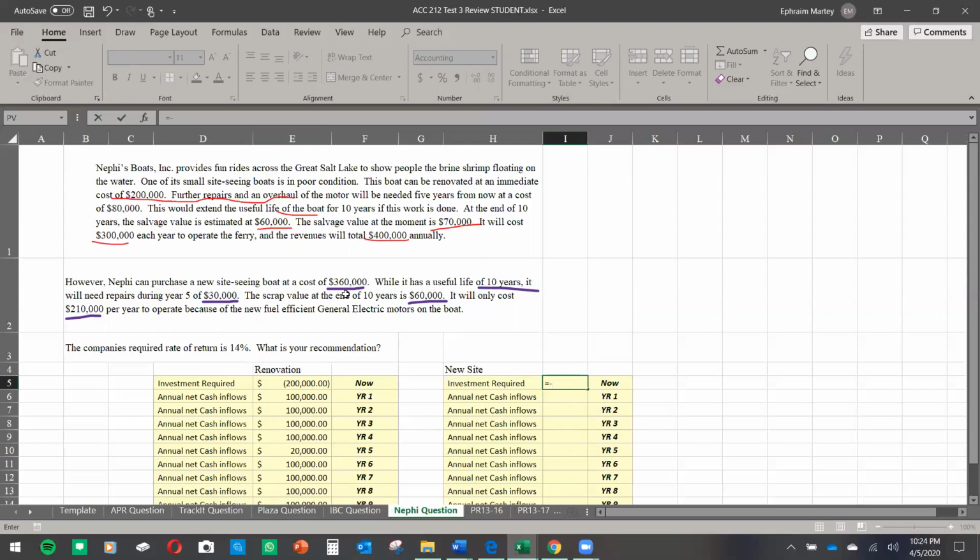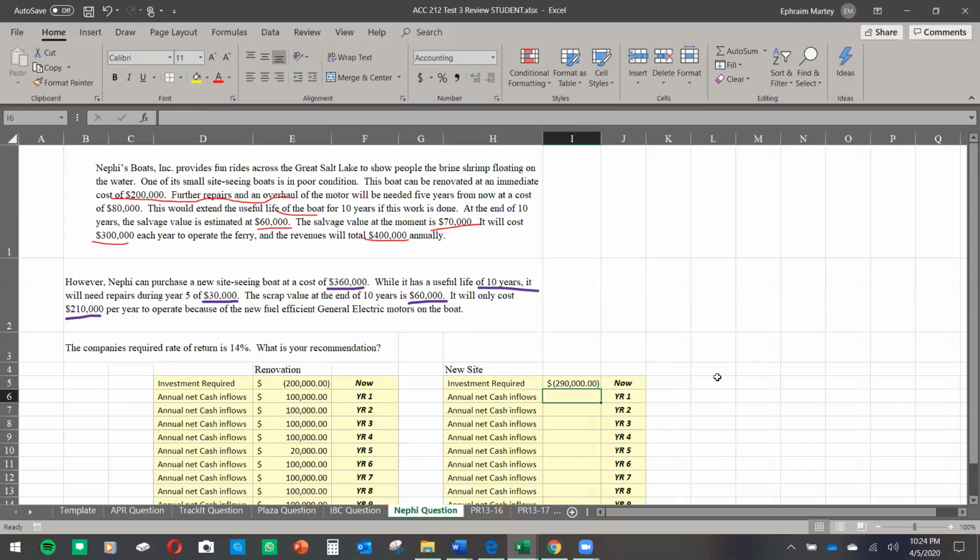So that's a cash outflow of 360,000. And because we got rid of the old site, we will have 70,000 because it's worth that much. So that will reduce our investment. So in essence, we are only spending 290,000, because this 70,000 reduces how much we will spend.